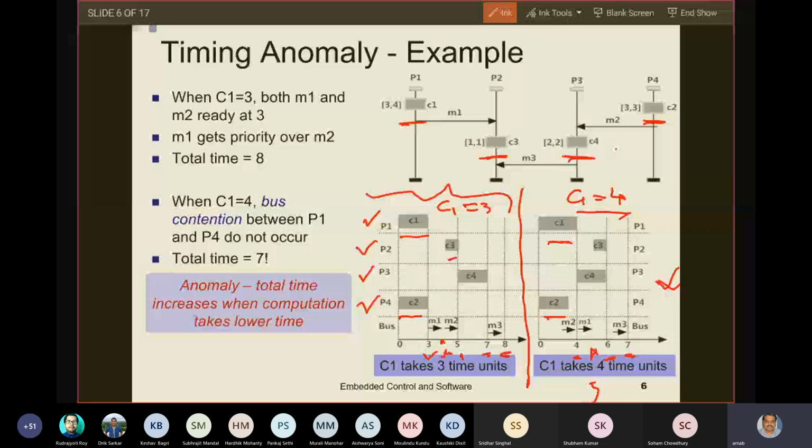And the tighter this estimate, the lower the amount of resources required for the entire system, because you are planning and scheduling for the worst case, so that you always go as planned even in the worst case. Now if your worst case estimate is a bit better, then the amount of resources wasted due to planning for the worst case will be less. That's the point. Any questions here?